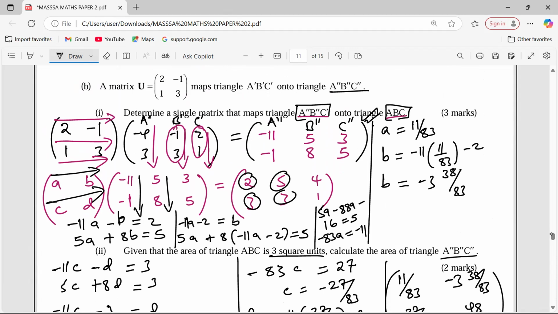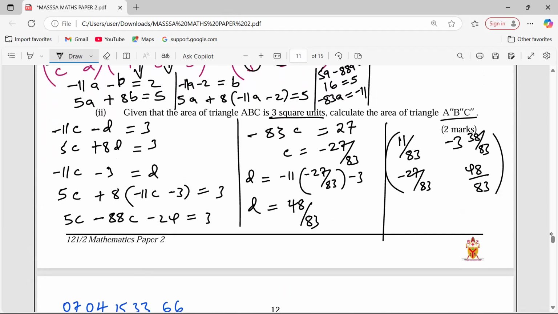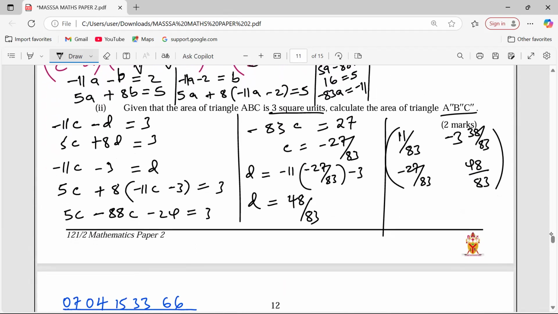So if this matrix is known, then let's work out what you call the determinant. The matrix is here. What is the determinant of this matrix? So the determinant is going to be given by 11 over 83 multiplied by 48 over 83. Then we subtract negative 27 over 83 multiplied by negative 3 and 38 over 83, so that we may get the determinant.